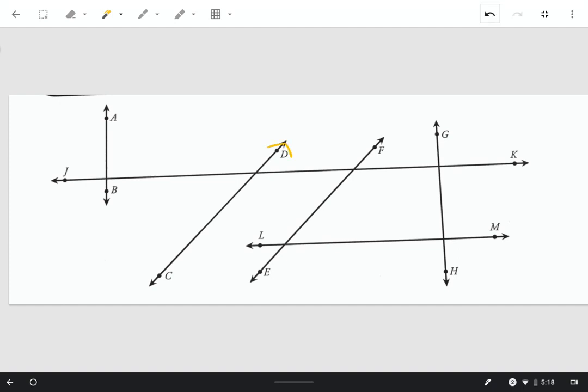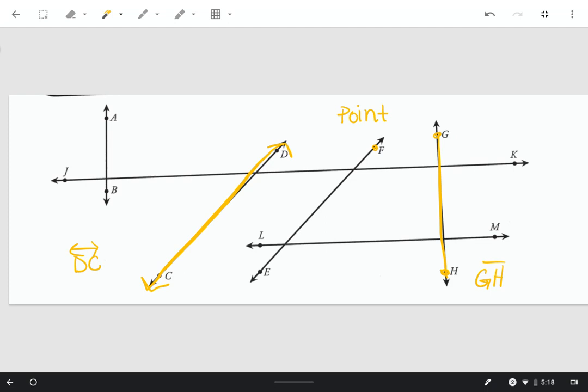So here's a line here, line DC. You may have been asked to find a point. So here's point F. Or a line segment. Here's line segment GH. We're doing the exact same thing. We're just looking for those new terms that we're learning: parallel lines, perpendicular lines, and intersecting lines.